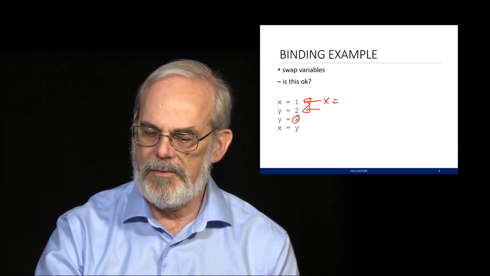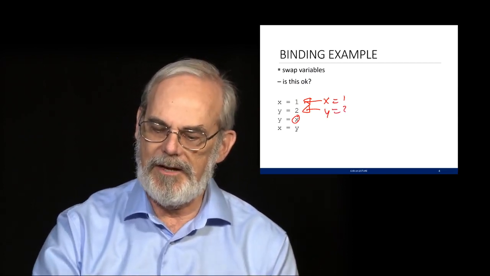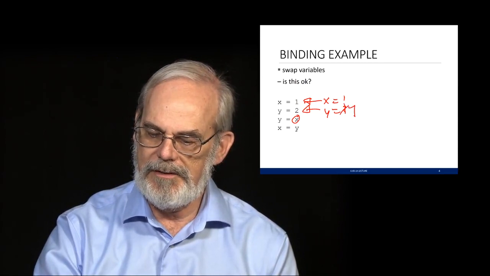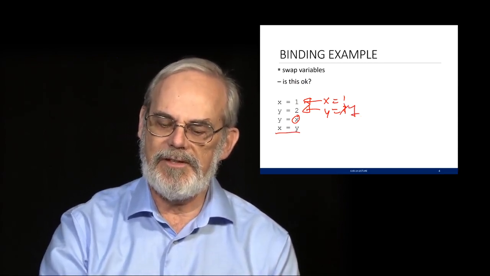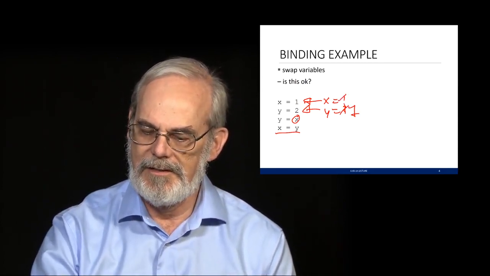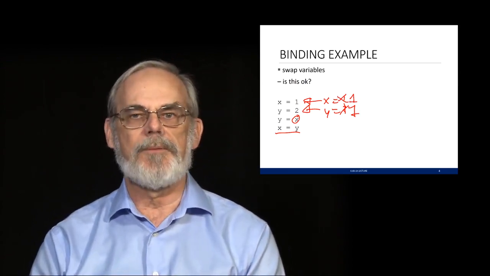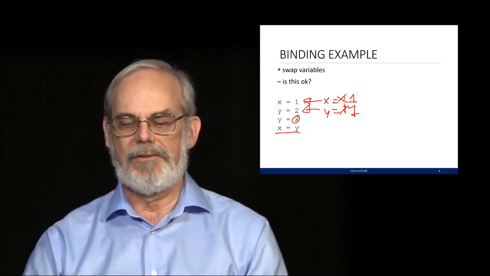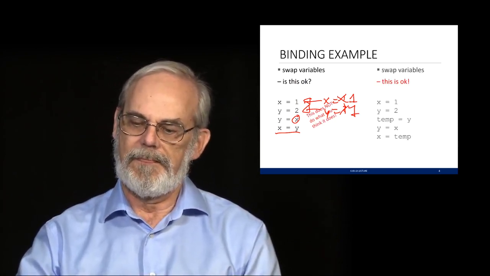So I have x is 1, I have y is 2. I look up the value of x. I now assign it to y, so the 2 is replaced by 1. Oh, now when I do this expression, it says, what's the value of y? It's 1. Assign it to x, and I replace the 1 with a 1. So it didn't swap them because there's a sequence to this operation. Okay? It doesn't do what you think it was going to do.